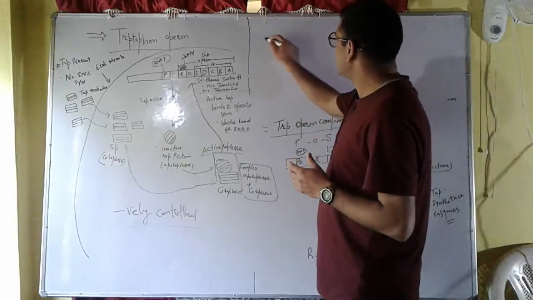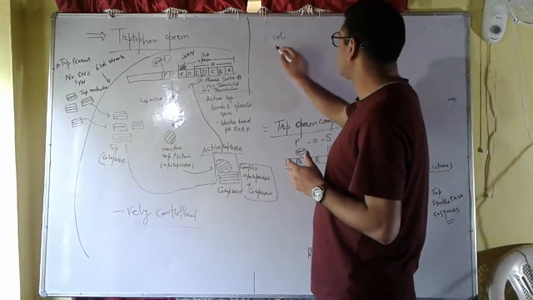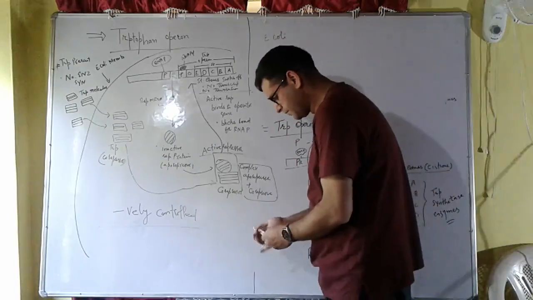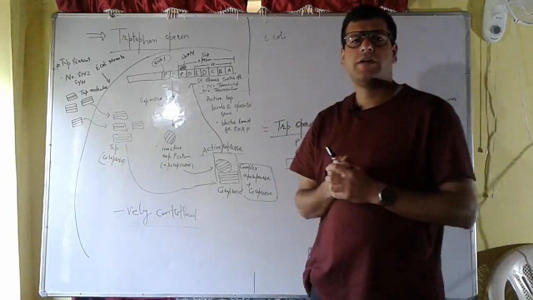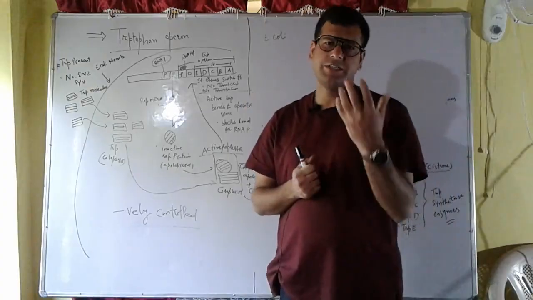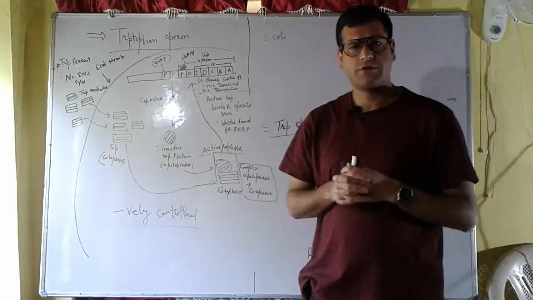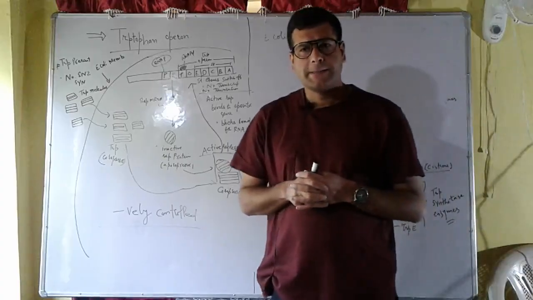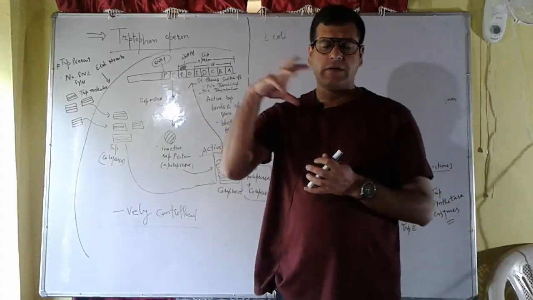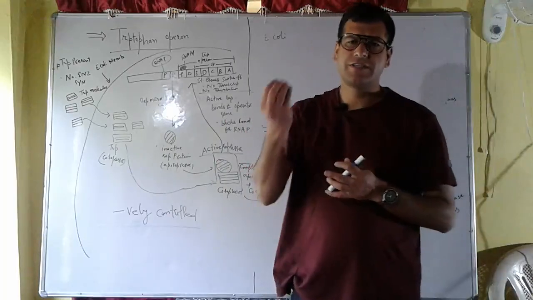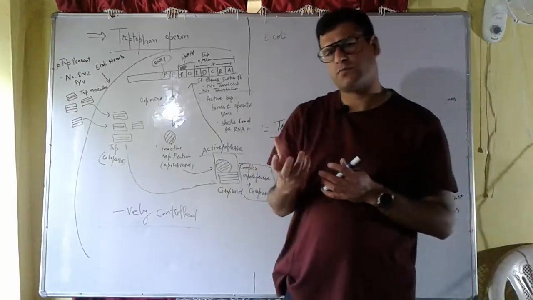This E. coli requires an optimum level. Say it needs 10 molecules of tryptophan. Now this E. coli will synthesize the enzymes which will synthesize these 10 molecules of tryptophan.